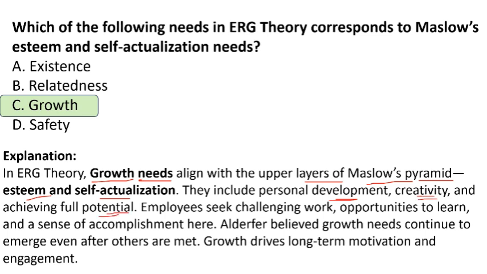Now you should focus here. Employees seek challenging work, opportunities to learn, and a sense of accomplishment here. So basically, a person is seeking more motivation, something new and challenging, new opportunities to do work, right?